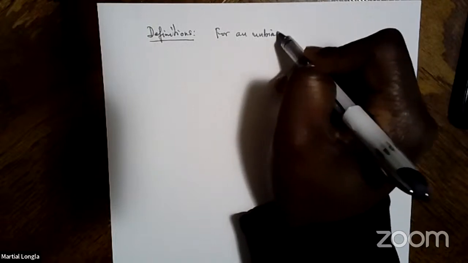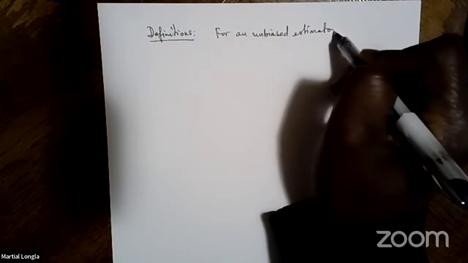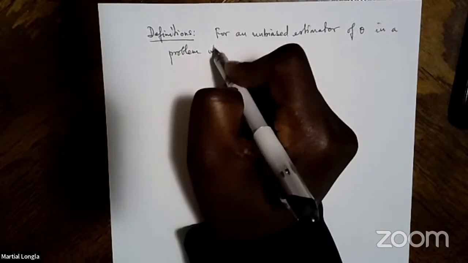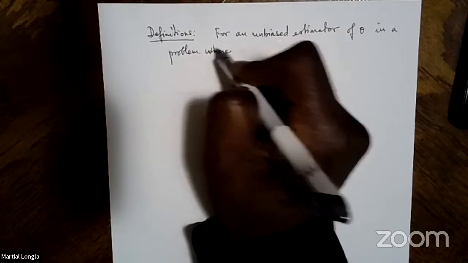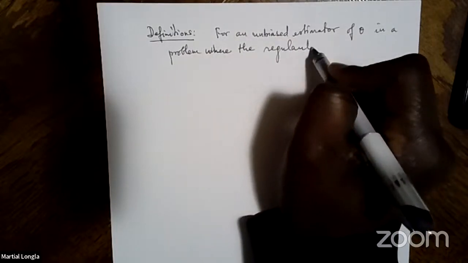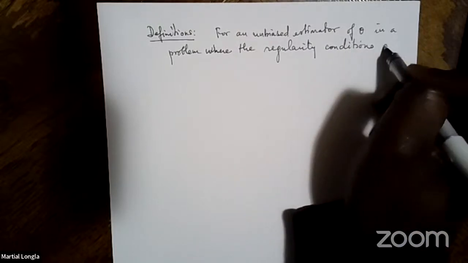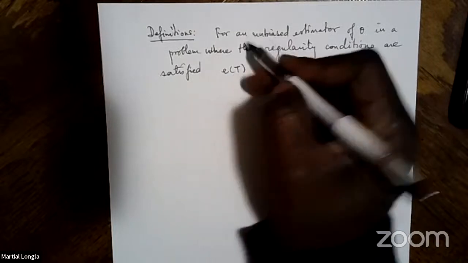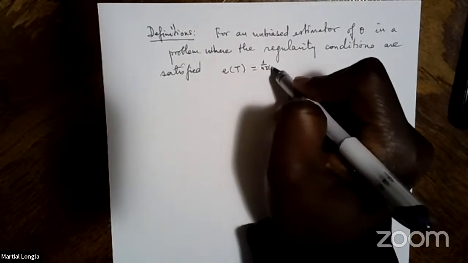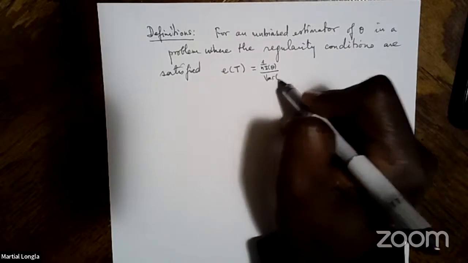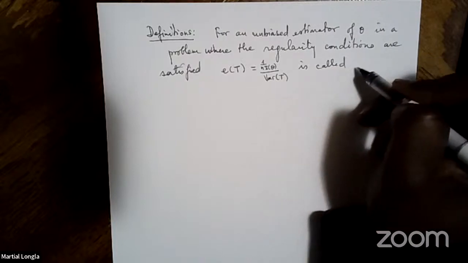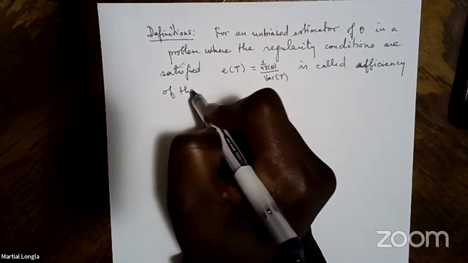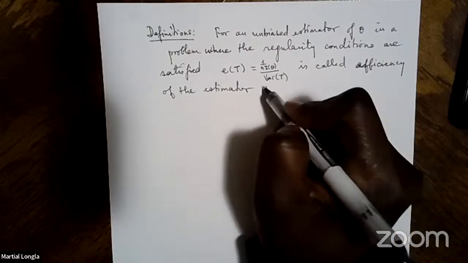For an unbiased estimator T of theta, in a problem where the regularity conditions are met, 1 over nI of theta divided by the variance of T is called the efficiency of the estimator T of theta.